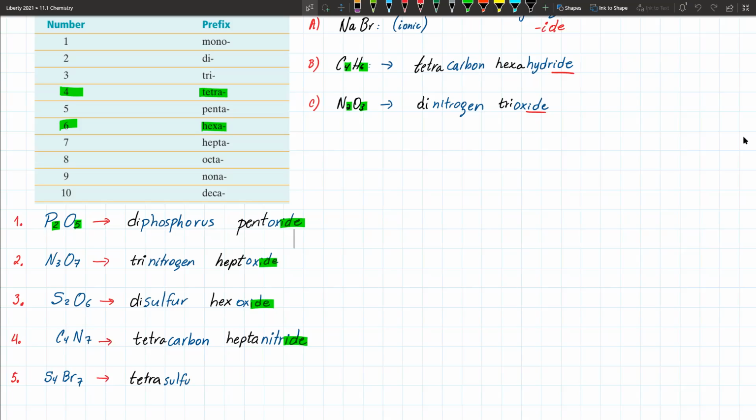Heptabromide. That is correct. Do you have a doubt in this one? Do you need more examples, or do you think I can continue with acids?